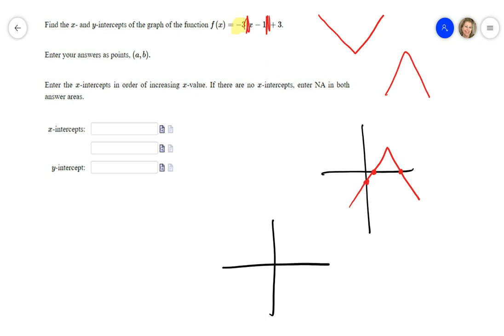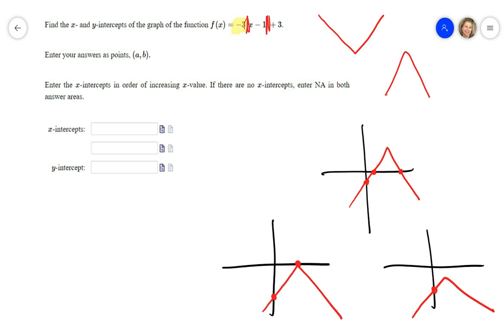You can have it where it looks something like this, where it has 1 x-intercept and 1 y. And then you can have something like this, where it only has 1 y-intercept and no x's. All right, so 3 different situations.